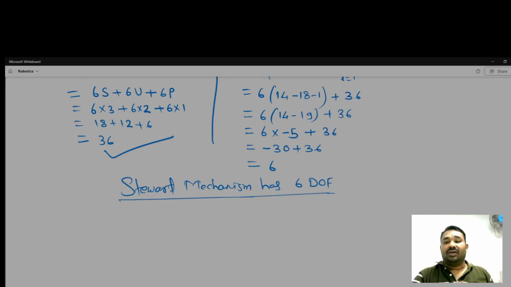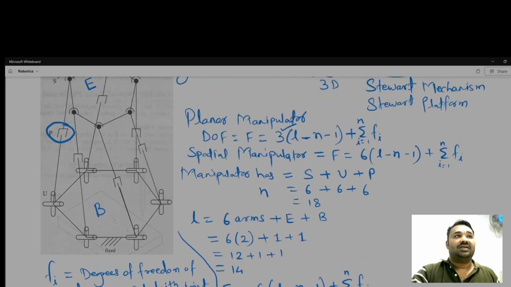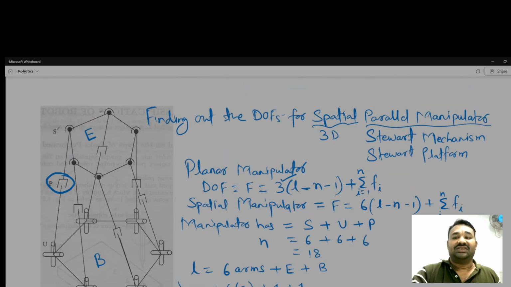Okay, so once again, let me summarize. You can see here the structure of the Stewart mechanism, which is a parallel manipulator. There is one end effector and one base, and the end effector has 6 spherical joints.